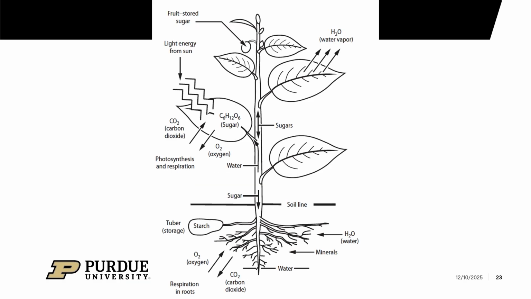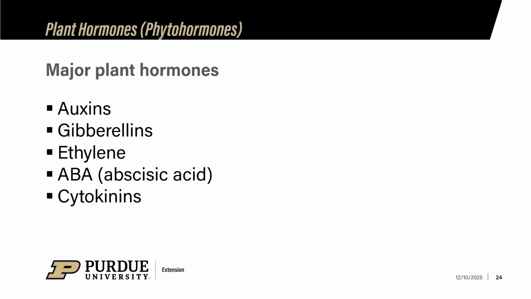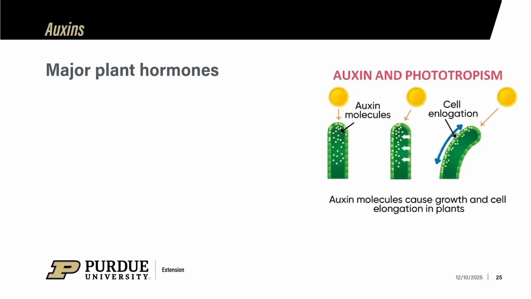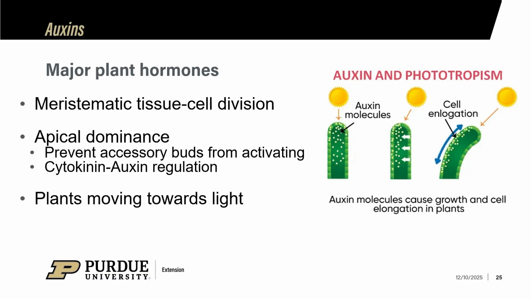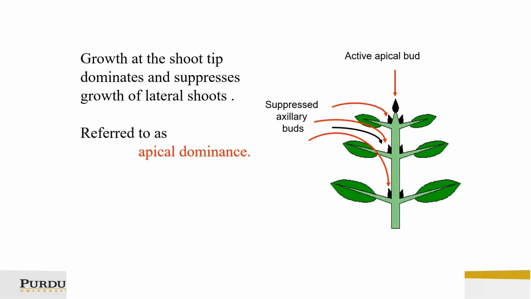We were going to do a lot of physiology, but I don't have time to do that today. So I'm going to focus on just two of these hormones here, auxins and gibberellins. Auxins are very important to think about whenever you're doing any type of pruning. If you think about a plant that's growing, you have this central leader here, and that's going to keep going.